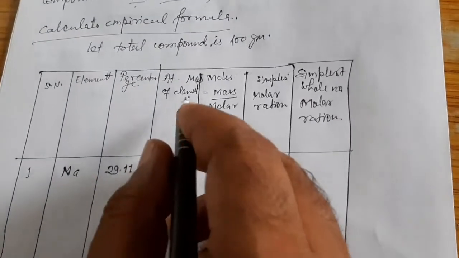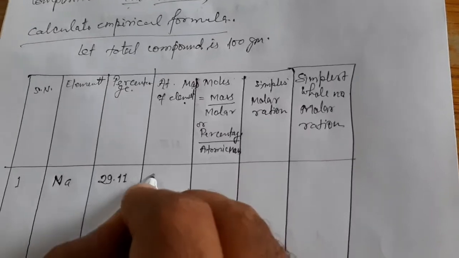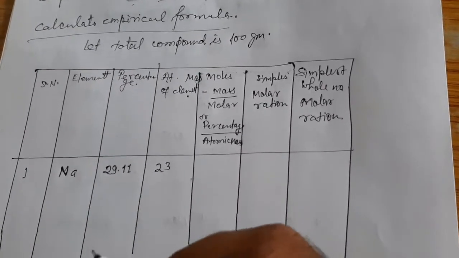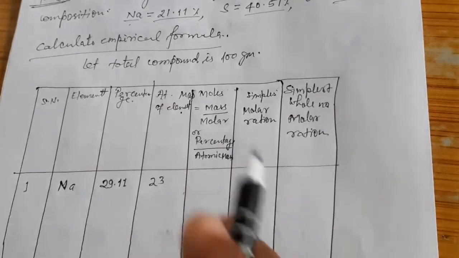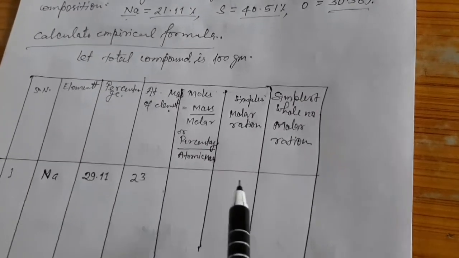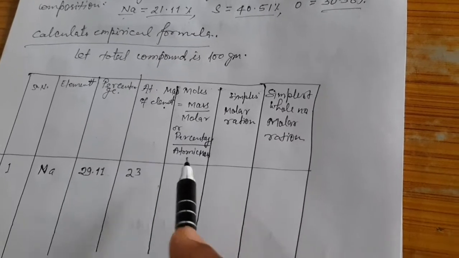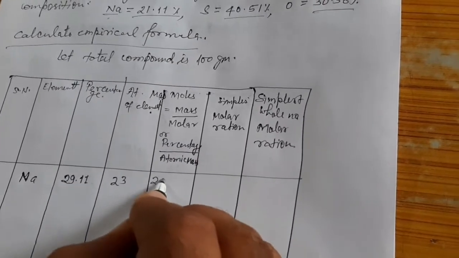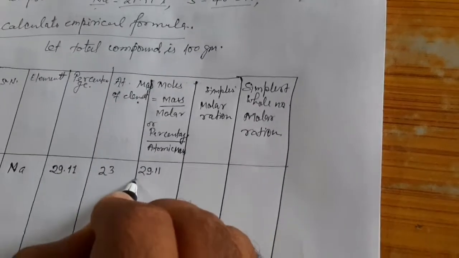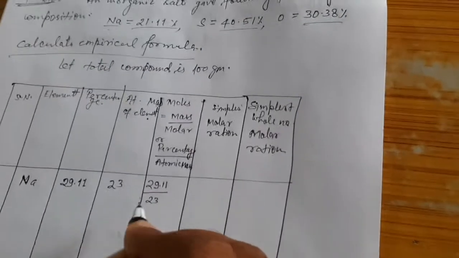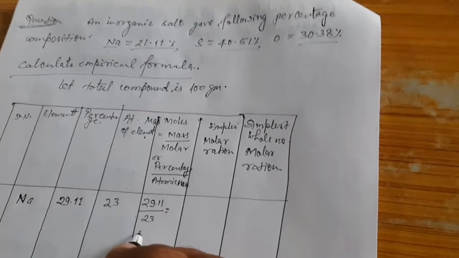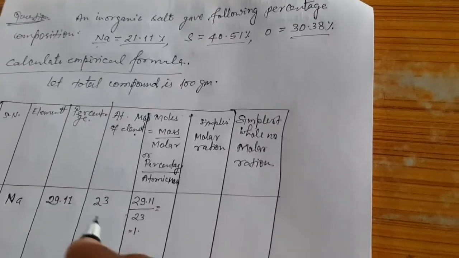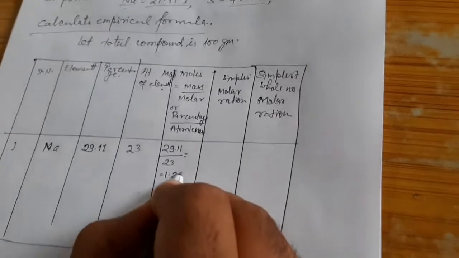The atomic mass of sodium, as we know, is 23, and the moles equal the percentage divided by the atomic mass. So 29.11 divided by 23 will be 1.26.